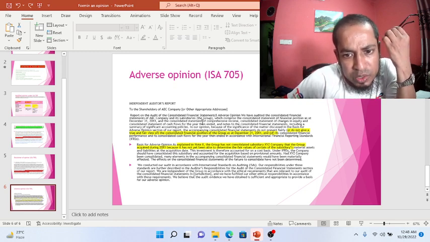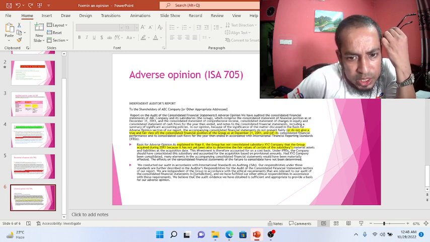The basis for opinion explains that the group has not consolidated a subsidiary company.